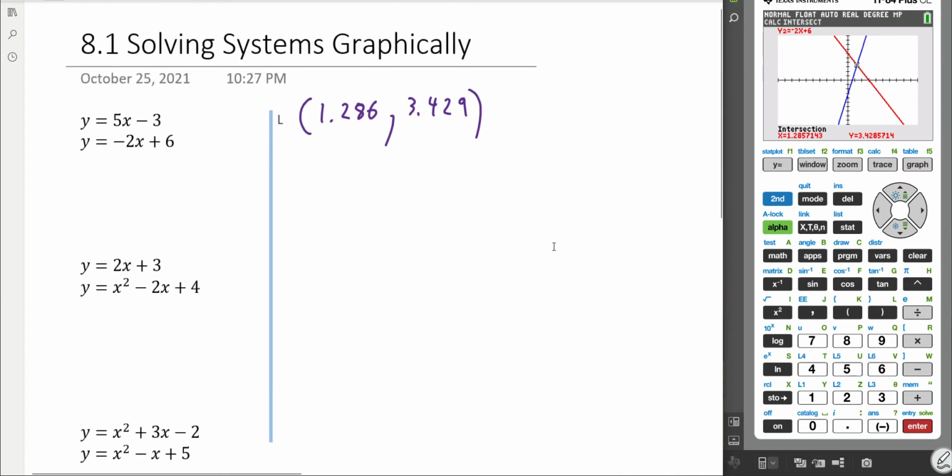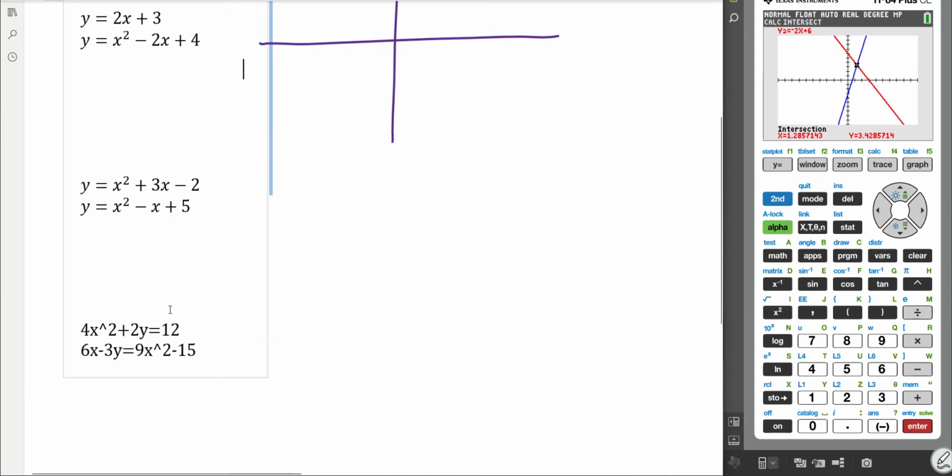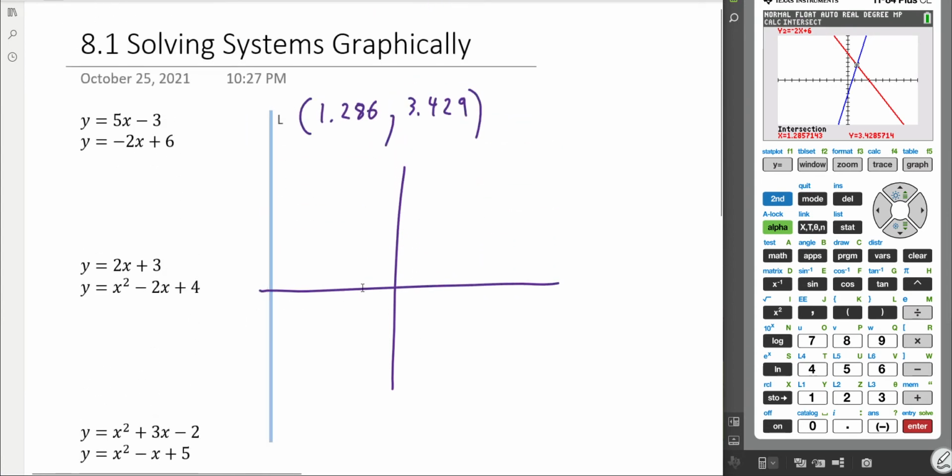Now, there are a few things to notice when you're solving graphically. There are possible situations, and I'm hoping I didn't accidentally screw that up with any of these, but if I did, you'll see right away why that is. So if you have two lines, and they are not parallel, they will intersect at some point, right?